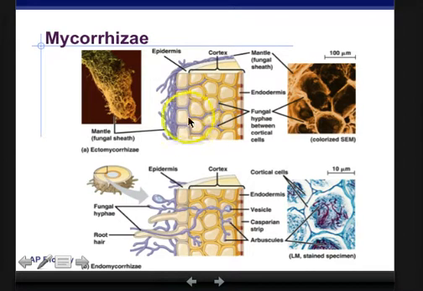And so these sort of branches are called hyphae. Just for your information, it's called hyphae, and that's where the extensions are.